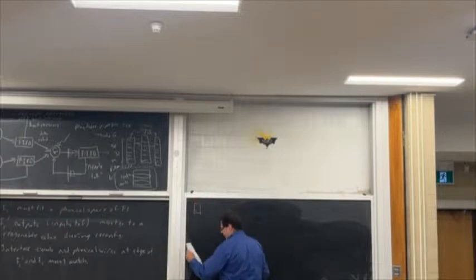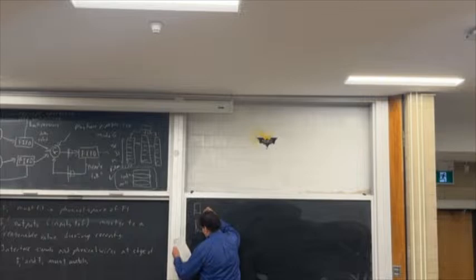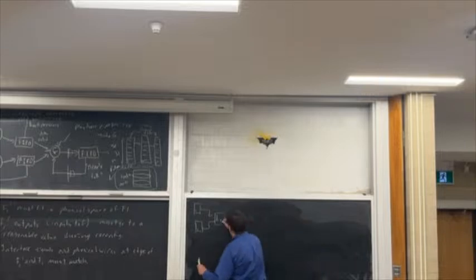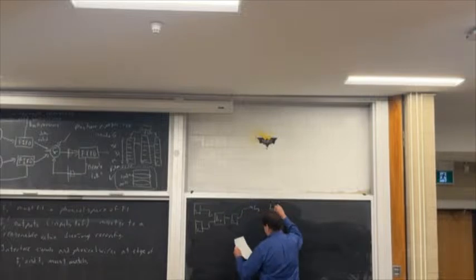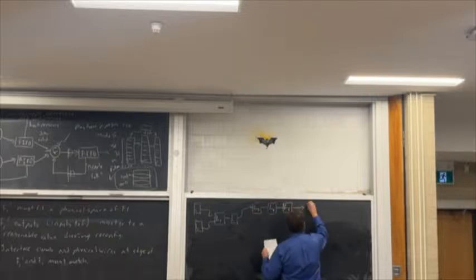So let's say I've made this design. We've got two registers feeding a lookup table, feeding a register, and then that goes to a chain of lookup tables, and then a register.